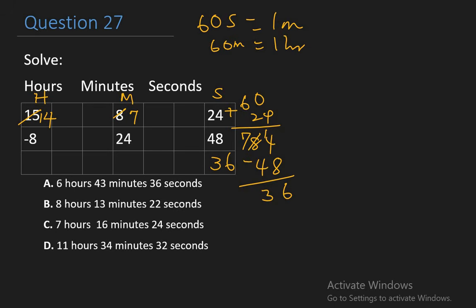That 1 hour you borrow, as you bring it here, will be 60. 60 plus 7 will give me 67. Now minus 24. This is 3, 6, 43. 43 minutes. 14 minus 8 is 6. So my answer is 6 hours, 43 minutes, 36 seconds, which is A.